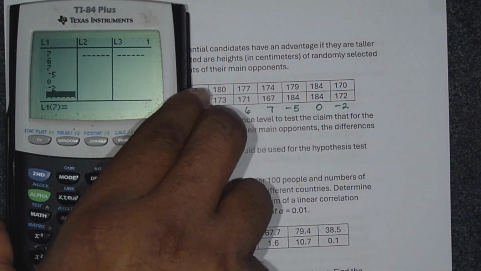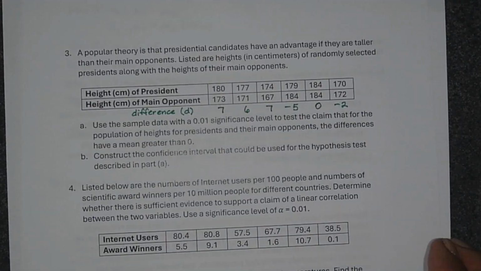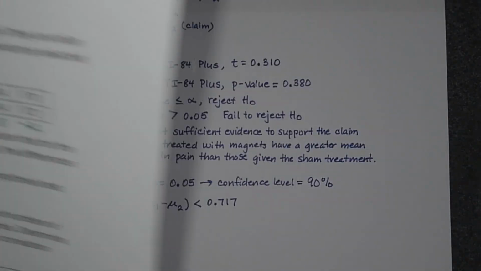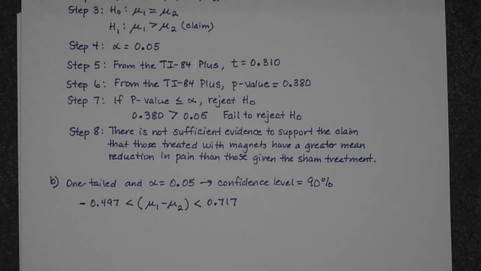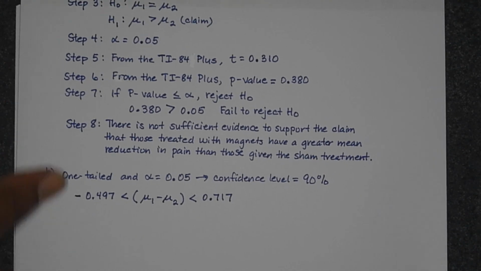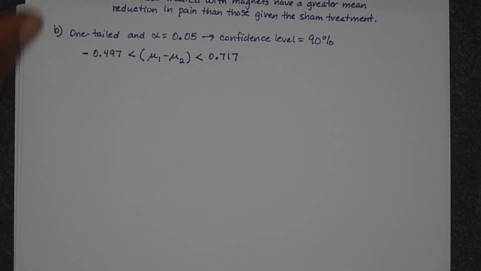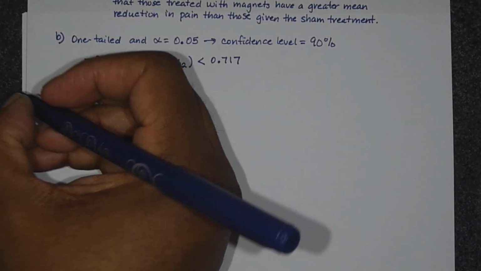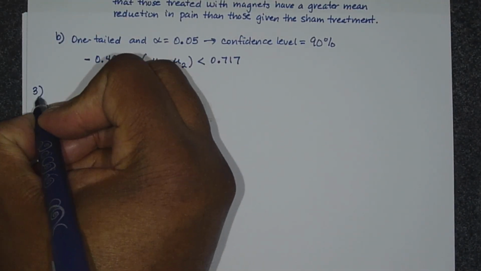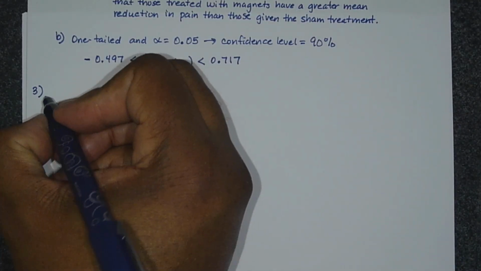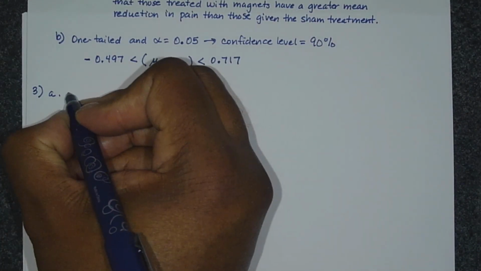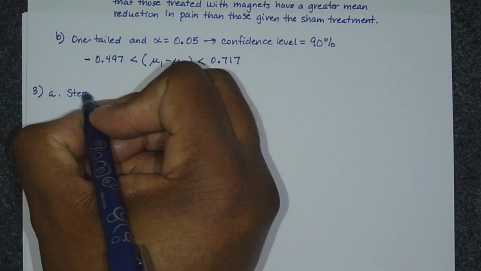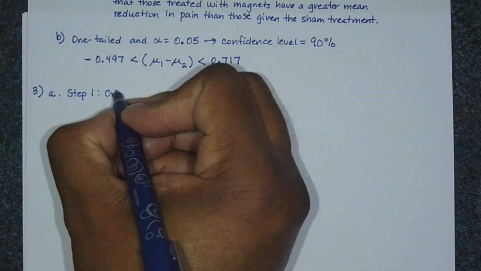So let me put this off to the side, and then we can go ahead and answer problem number 3, Part A. That's where we have to use that 8-step procedure. So step number 1 is the original claim.